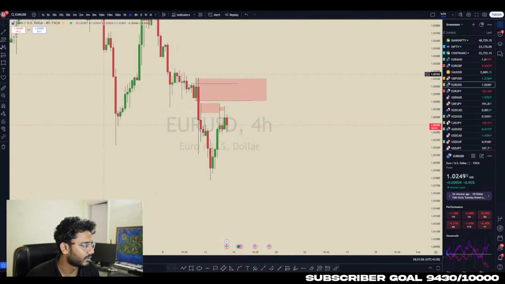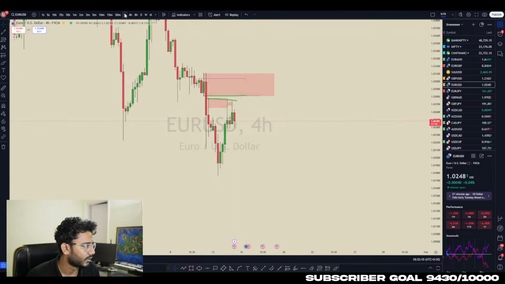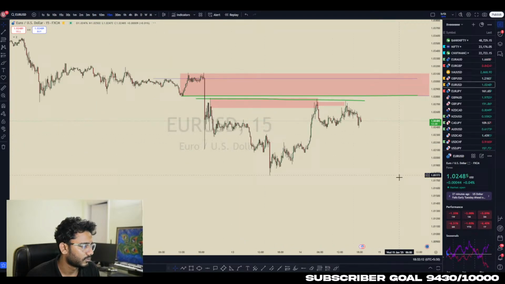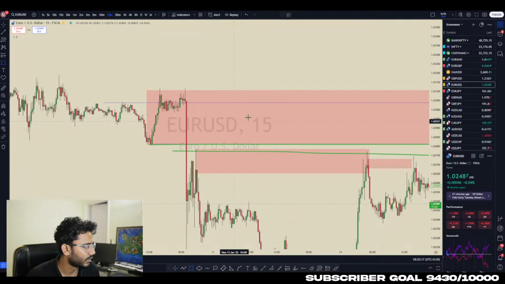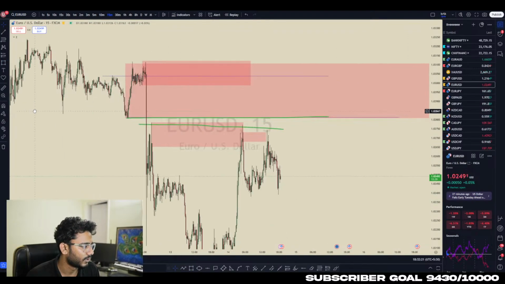So I think price will just tap this part of the order block, fulfill this imbalance, and sweep out this liquidity, and then it can continue to the downside. So if we mark this zone, we have this area right here.